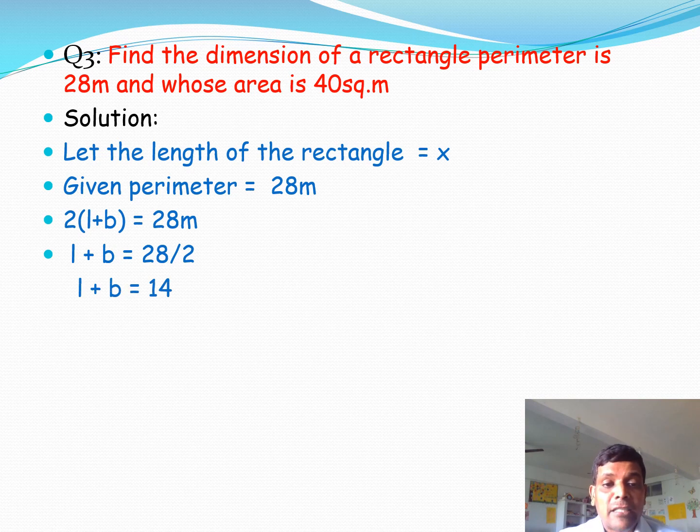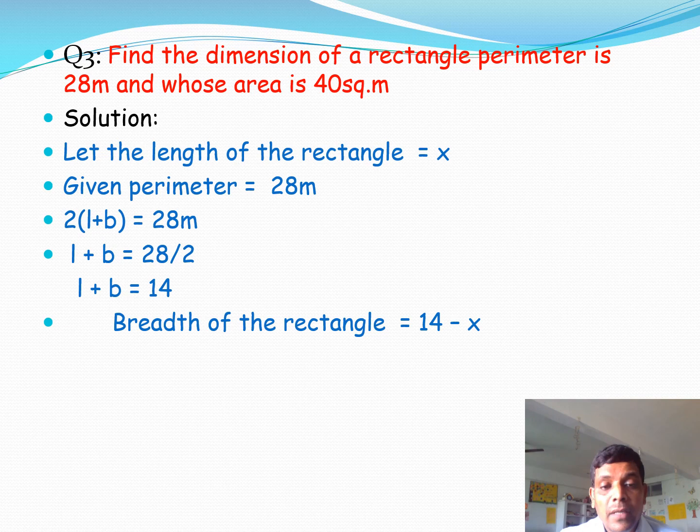So length plus breadth is equal to 14 meters. Breadth of the rectangle is 14 minus x, depending on the condition. L plus B equals 14. Then breadth B is equal to 14 minus L. 14 minus L means 14 minus length. Length equals x. So 14 minus x.